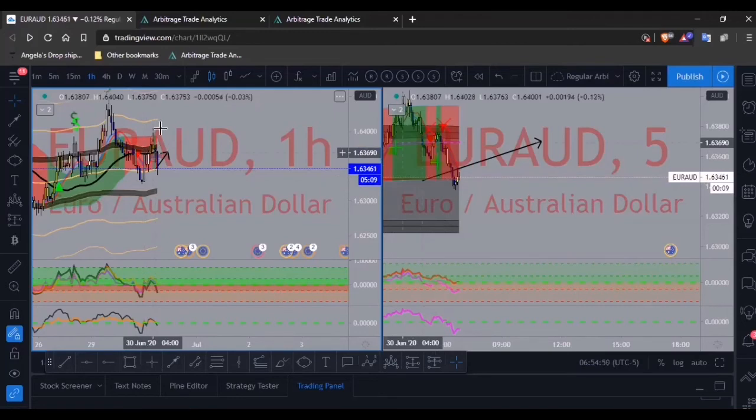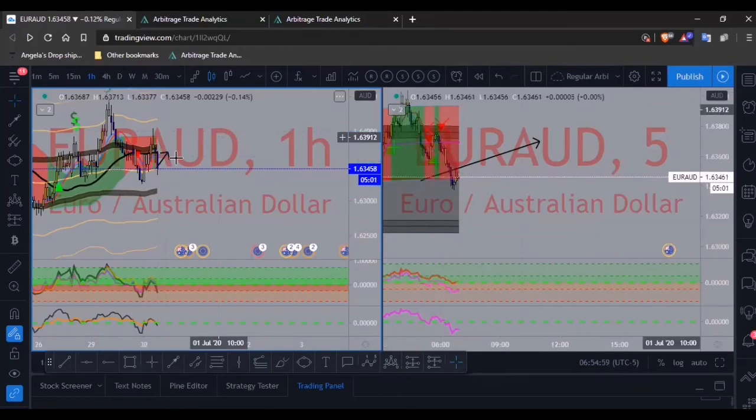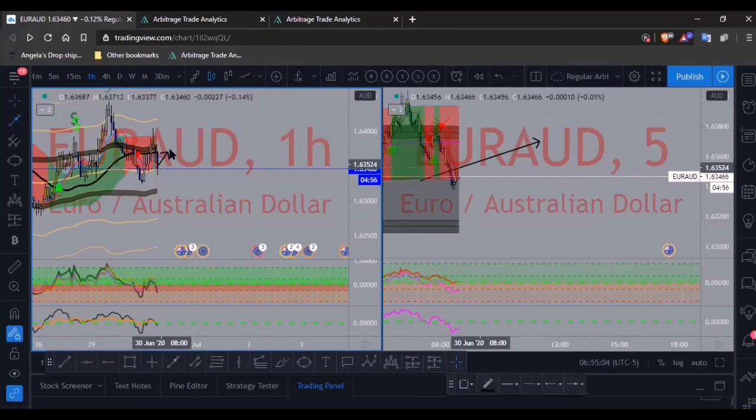It looked like it was giving a fake out, but this just looks like a stop hunt. I think we already missed our entry for Euro AUD for a sell. But if I wanted to get back into it, I would need price to come back up here and respect the RSI line. I do think it looks like it's dropping at least.